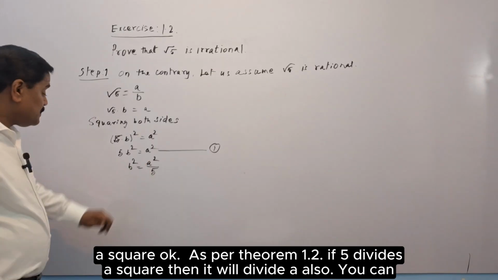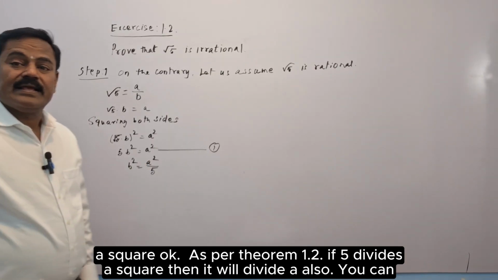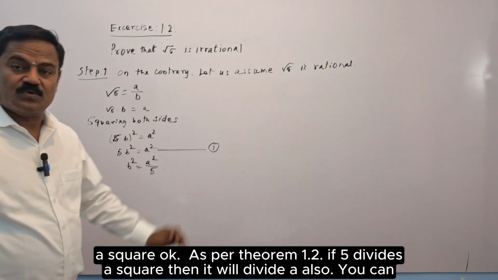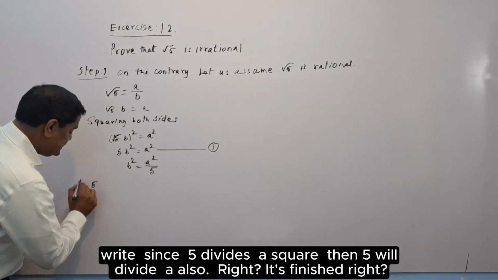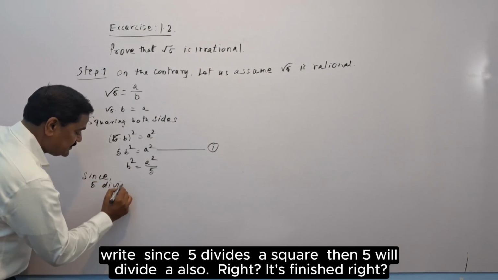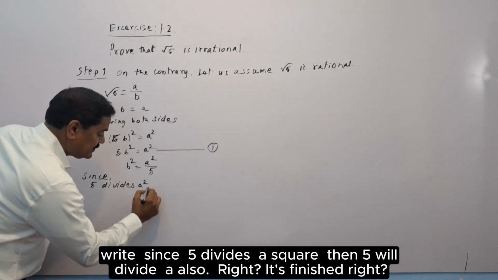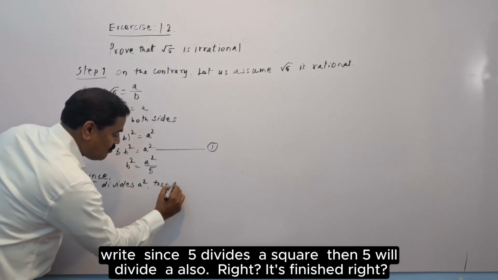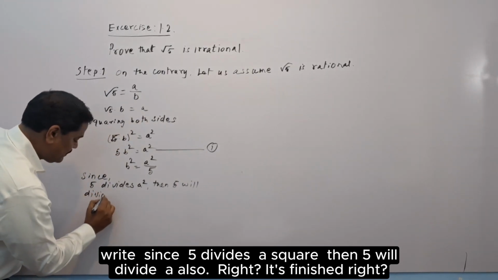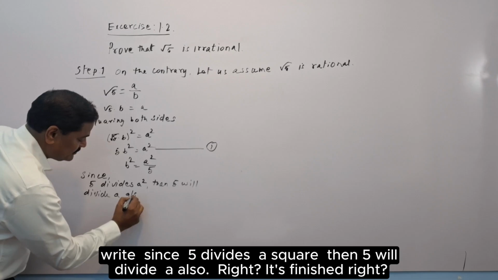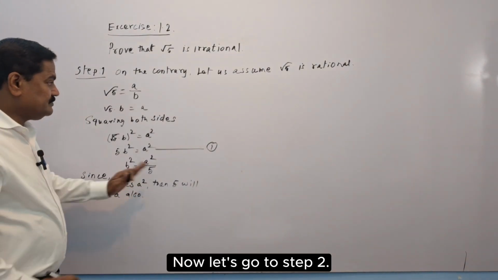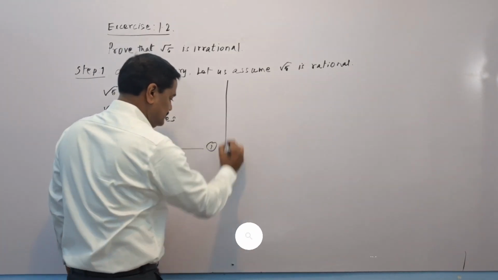As per theorem 1.2, if 5 divides a square, then it will divide a also. You can write, since 5 divides a square, then 5 will divide a also. It's finished. Now let's go to step 2.